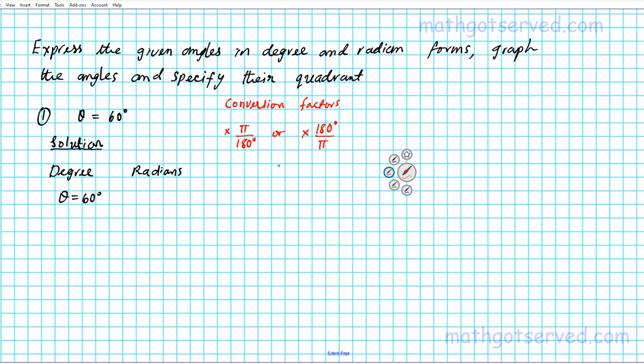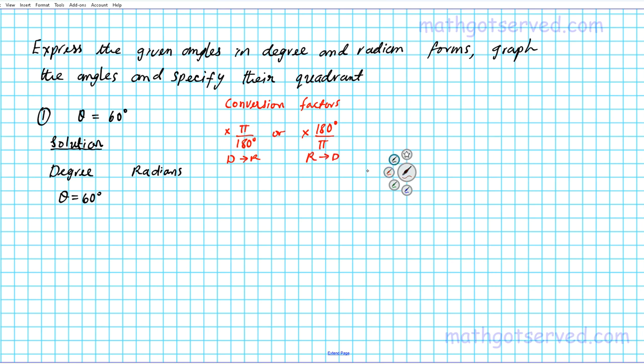The conversion factor that has it in the opposite orientation or position is the one that you use. Okay, so for example, we have degree upstairs here. The one that has degree in the bottom is the one that you use. So we're going to be using this one. All right, so the first one converts degrees to radian. And then the second one converts radians to degrees.